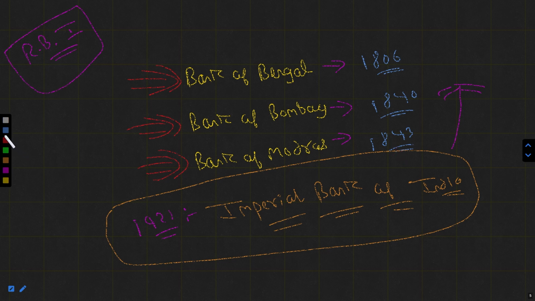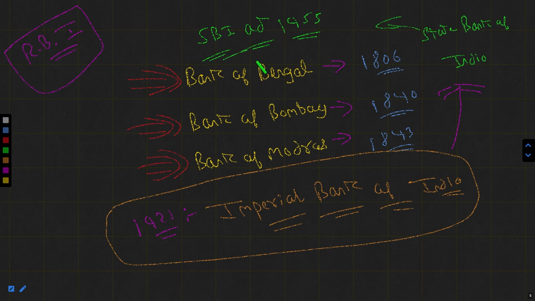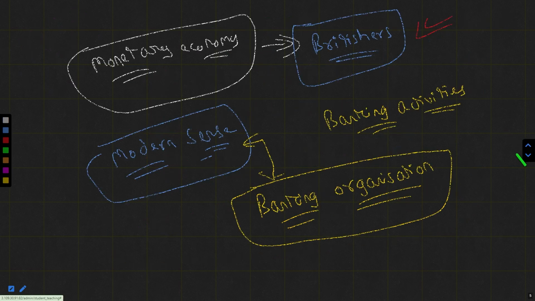The Imperial Bank of India was changed into the State Bank of India after the passing of the SBI Act 1955. So this is just a revision part we had taken.